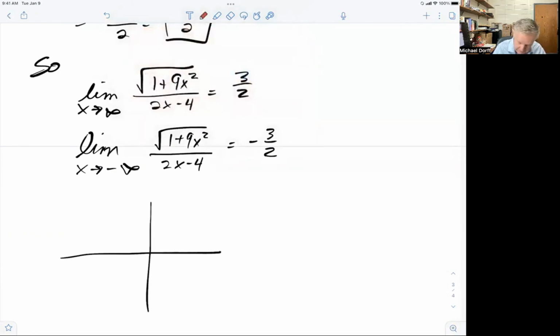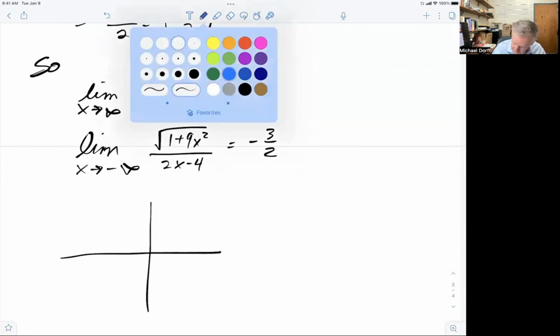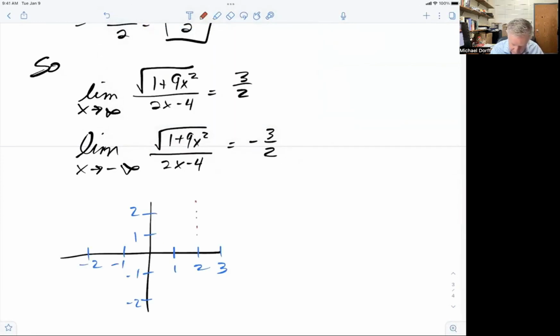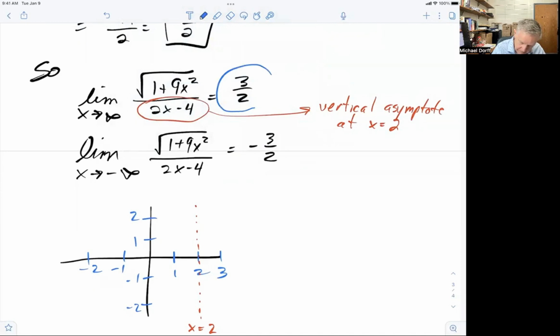And if you go on to Desmos and you sketch the graph of this, it's going to look something like this. Let me put some points in here. I notice there's a vertical asymptote at x equals 2. And that's because we have this denominator. This means there's a horizontal asymptote at y equals 3/2. And that's going to be on this side here, on the positive side.